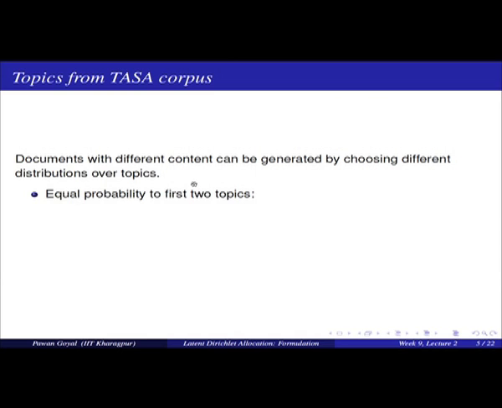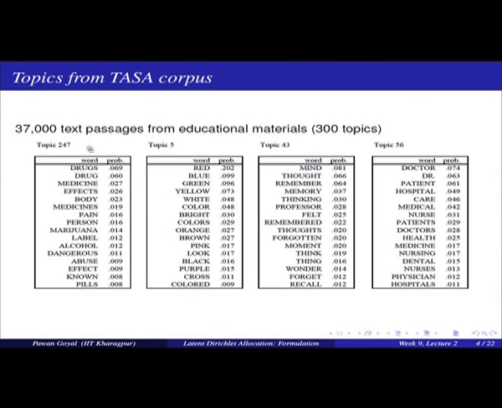What kind of document can you generate? Just see these topics. The first topic is about drugs, medicine, marijuana. The other topic is red, blue, green, colors. Suppose I blend these 2 topics together. What kind of document can I generate?